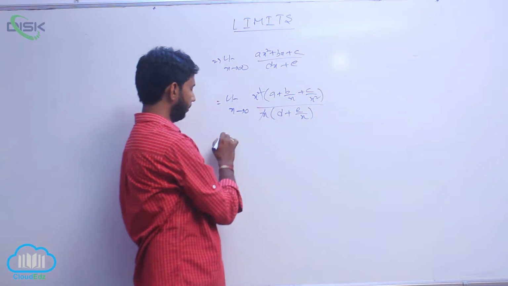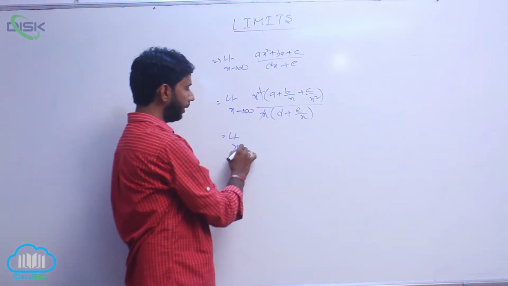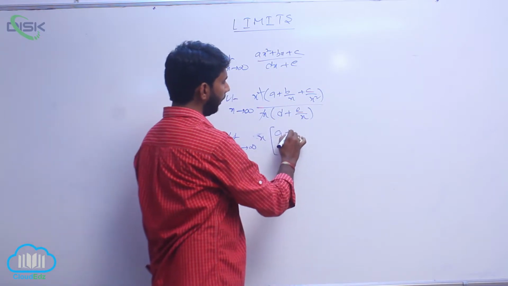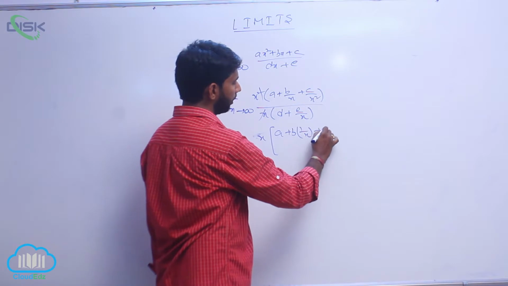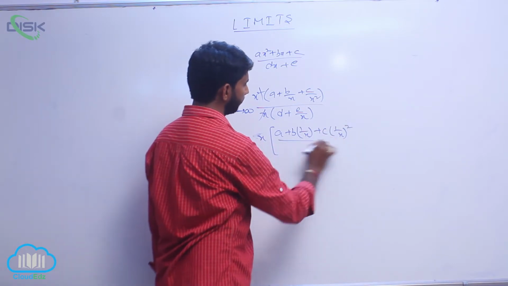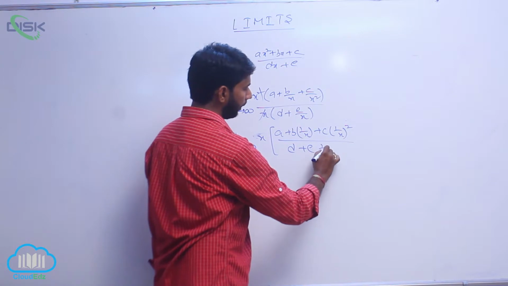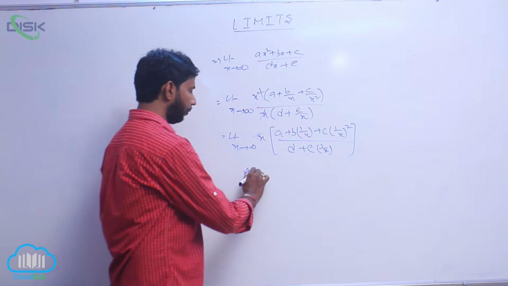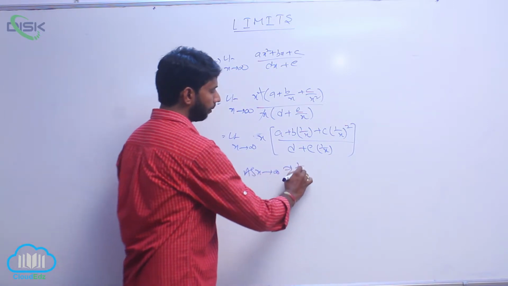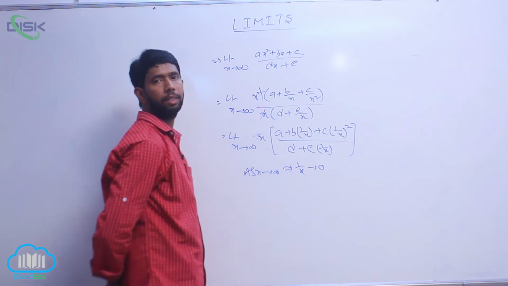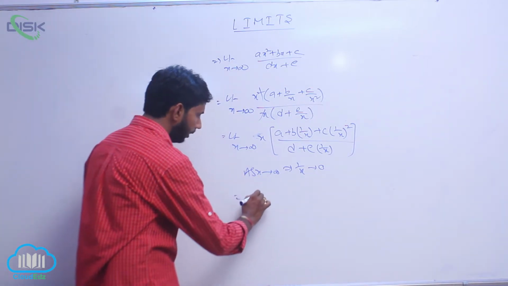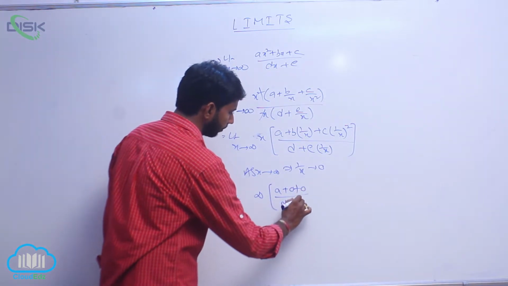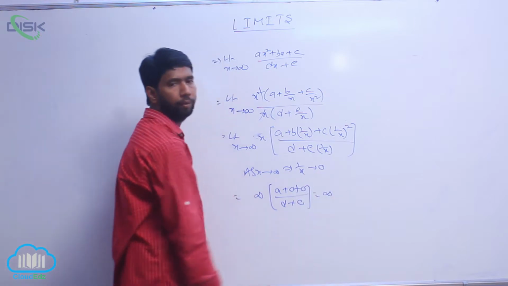Here x cancels, so the limit as x tends to infinity is x into x of a plus b of 1 by x plus c of 1 by x whole square by d plus e of 1 by x. As x tends to infinity, 1 by x tends to 0. That is, infinity of a plus 0 by d plus 0, which is equal to infinity.